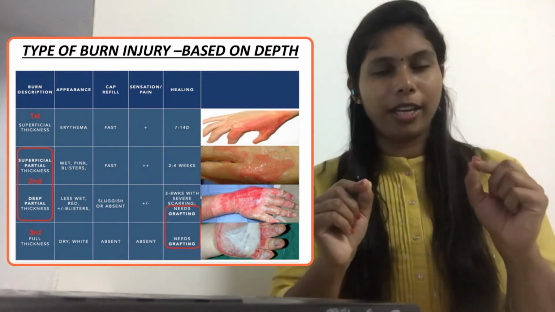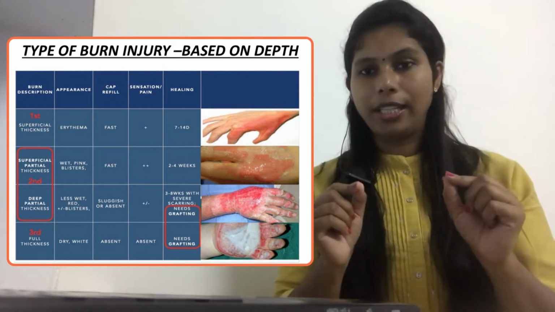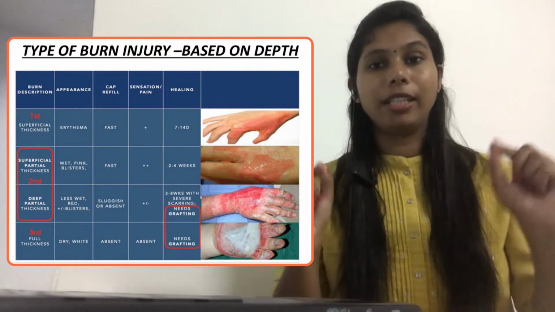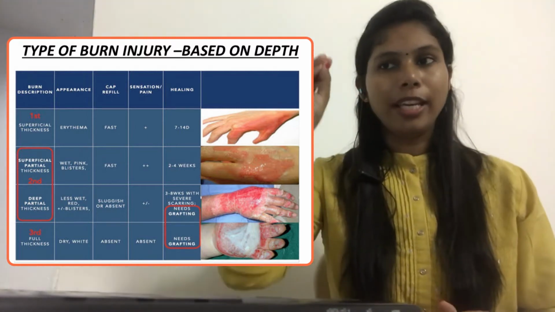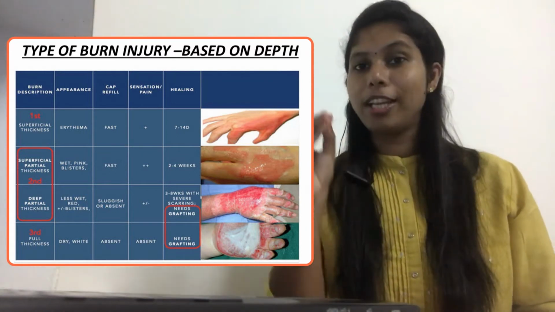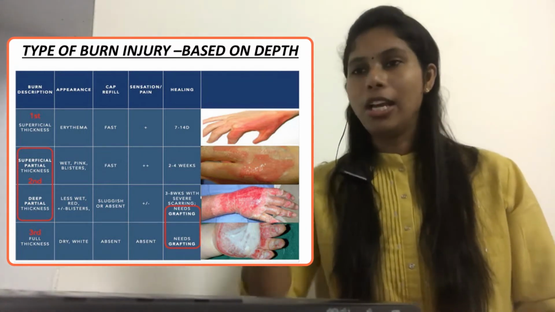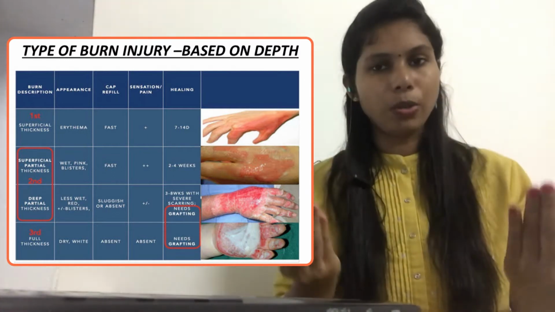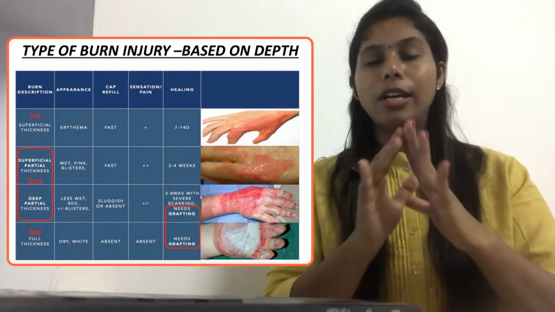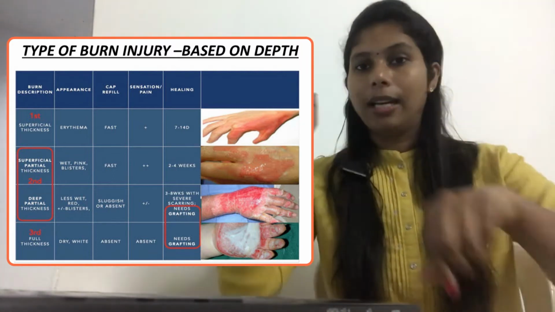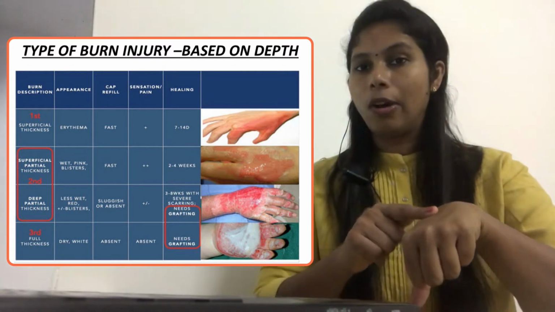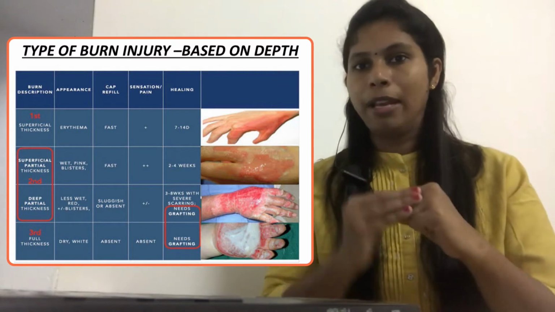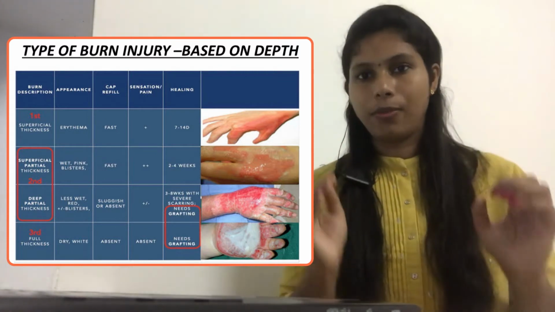That is very important. Even in pressure ulcers we studied that the first stage is equal to the epidermis, only the first layer of the skin is affected. That's why here we say there is no blister. If there is a blister, it will go to the dermis also, the second layer. So the first degree or superficial thickness burn appears pink to red, with no blister and no scarring, but there is mild swelling or edema, the patient usually feels pain, and the capillary refill is fast.